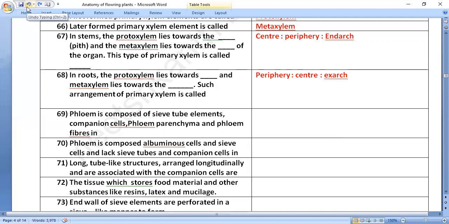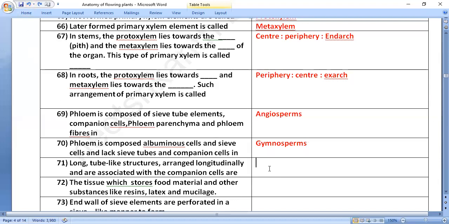Phloem is composed of sieve tube elements, companion cells, phloem parenchyma, and phloem fibers in angiosperms. Phloem is composed of albuminous cells and sieve cells, lacking sieve tubes and companion cells, in gymnosperms.